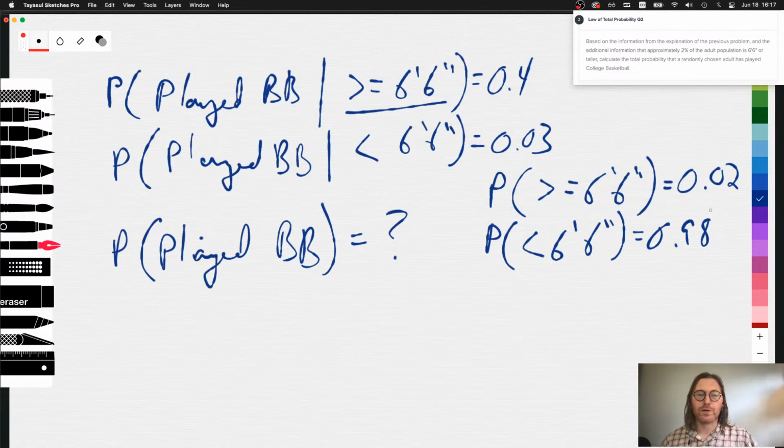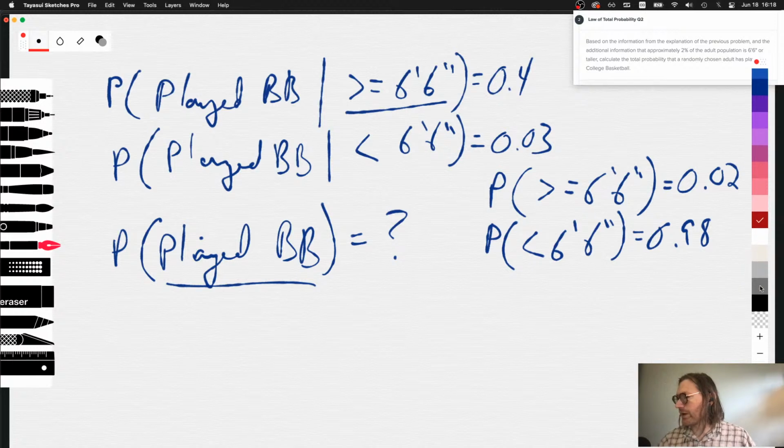All right, so we're looking at this question at the end of the day. Played basketball is going to be a composition of a couple things. It's going to be this first probability, and hopefully I don't run out of room. Let me change colors to delineate this a little bit into red. So this is going to be the probability of, I'll just put BB for basketball, for playing basketball, being greater than or equal.